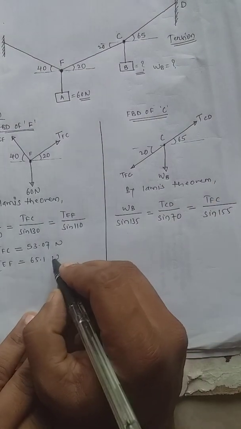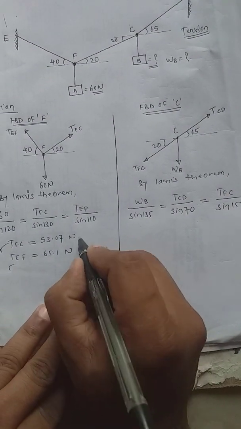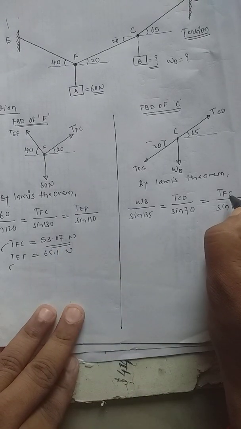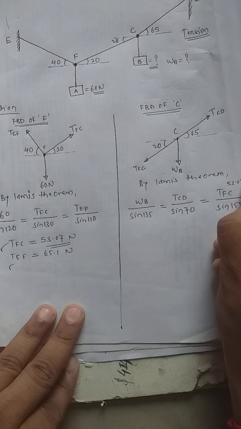But we have already calculated the value of TFC, which is 53.07. You put this value here, 53.07 Newton.